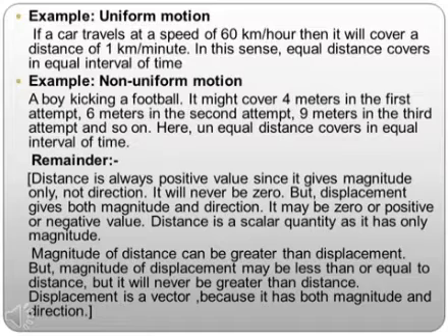And an example of non-uniform motion is a boy kicking a football. It might cover 4 meters in the first attempt, 6 meters in the second attempt, and in the third attempt it will be 9 meters and so on. Here, unequal distances are covered by the ball in equal intervals of time, so it is in non-uniform motion.